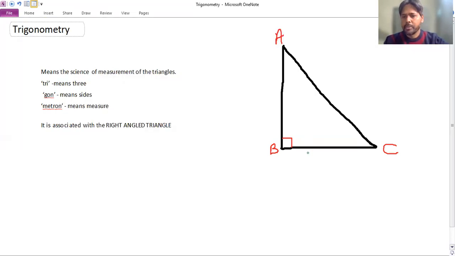The line that becomes the base of the triangle is known as the base.